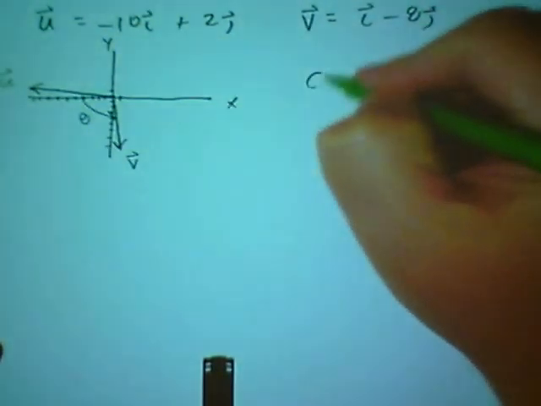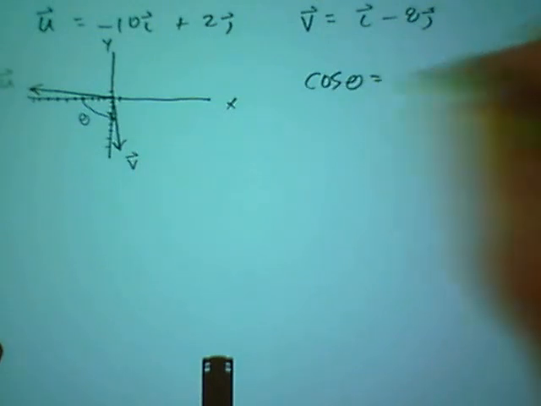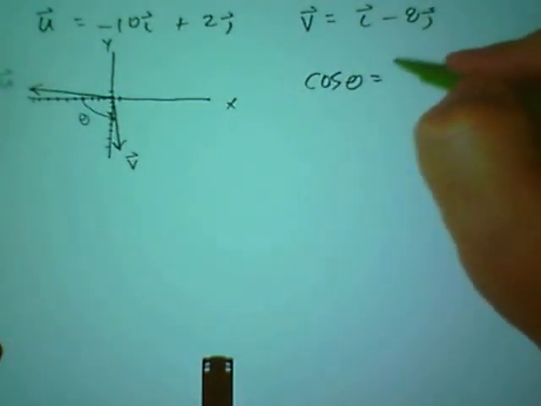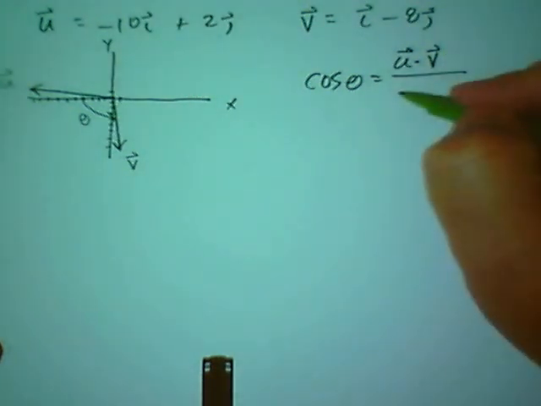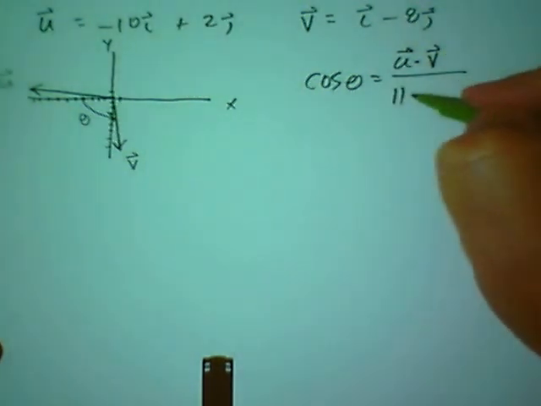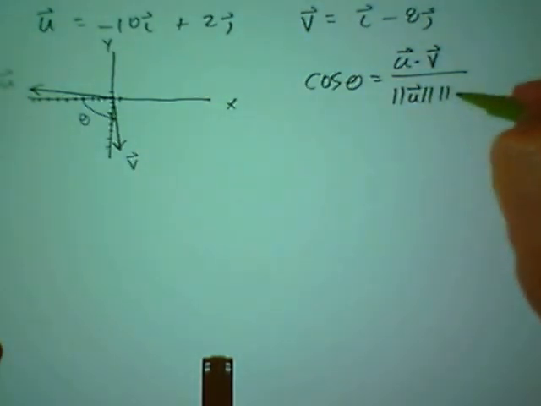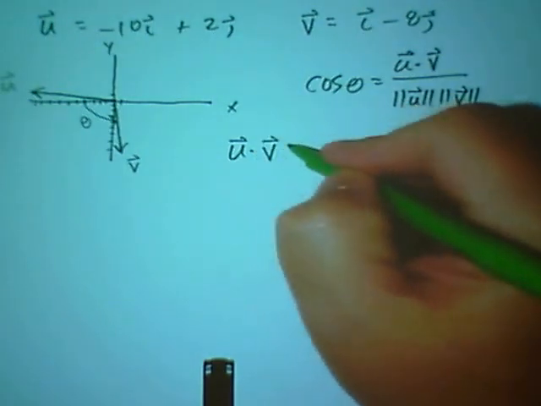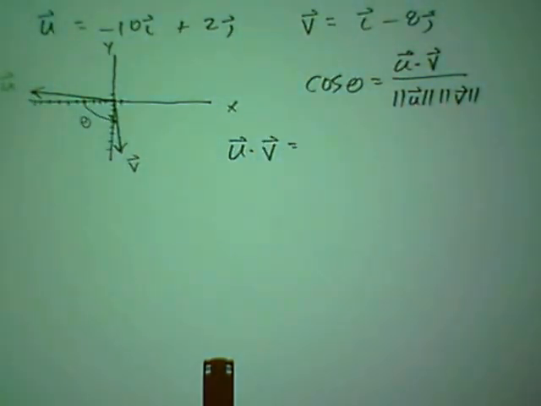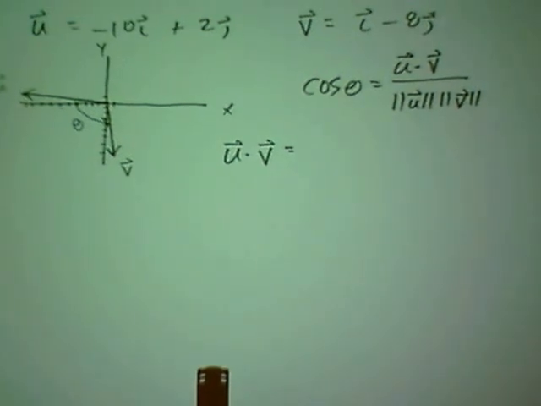It says the cosine of the angle between two vectors is equal to the dot product of the two vectors over the magnitudes of the vectors multiplied together. If you remember, the dot product of two vectors is you multiply the x parts and then add that to the multiplication of the y parts.